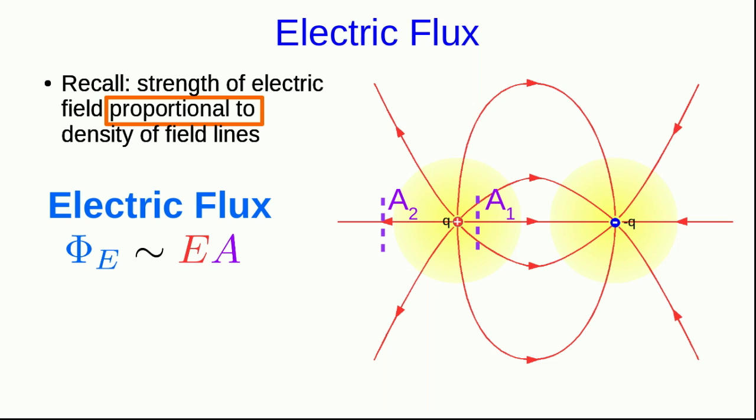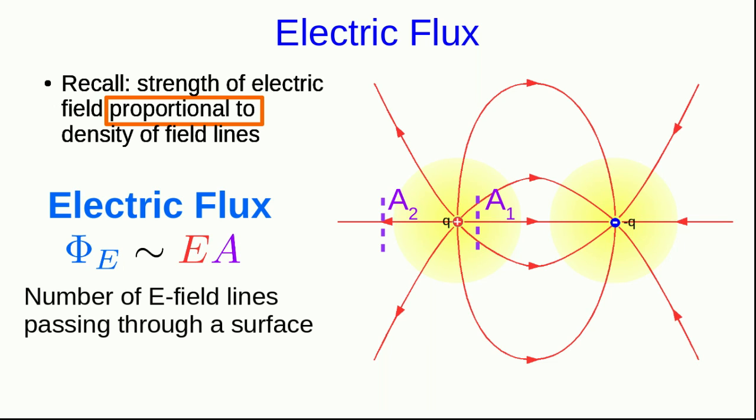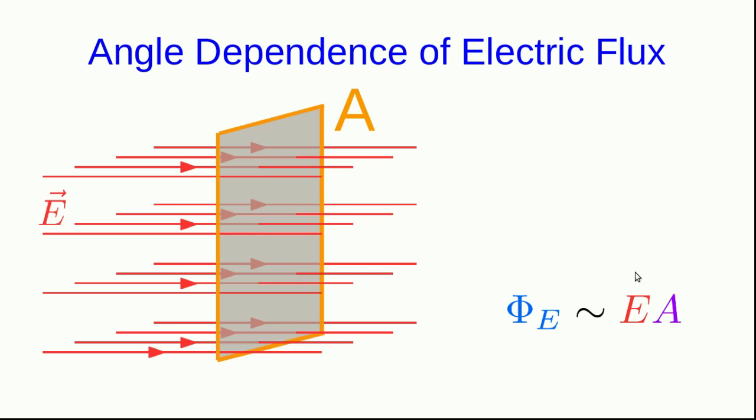So an electric flux has to be proportional to the electric field strength, because that's the thing that's proportional to the line density, and to the area that we're talking about the lines passing through. And this is a measure of the number of E-field lines passing through a surface. Again, the electric flux has to have some angle dependence, which we'll look at in detail in a later lecture.